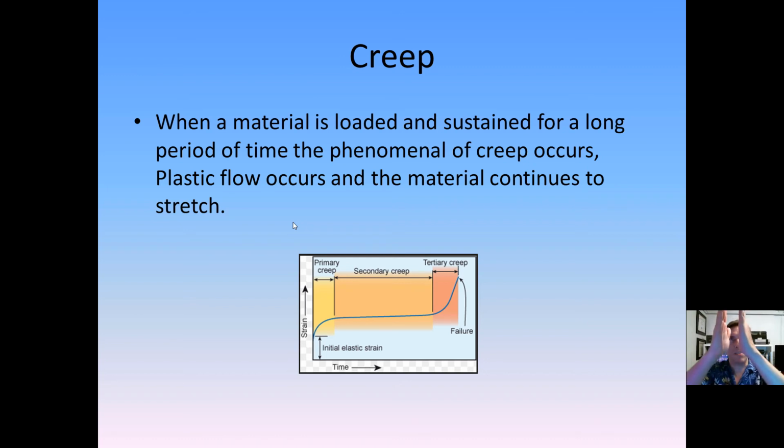They were looking at the glass, and the panes of glass, instead of being straight, were angled. What they said was happening is it slowly was creeping down, and the material was transferring over the 200 years that it's been around. So that can happen. It could also, if you have a line of material like a metal and you're pulling it apart, gradually get thinner as it's pulling apart, and it can fracture.